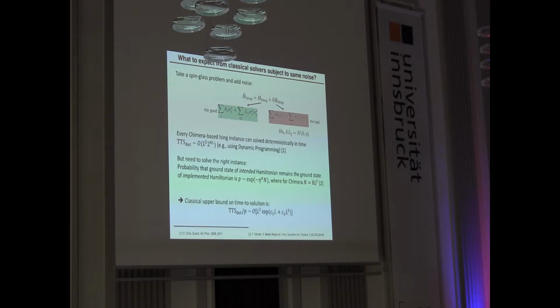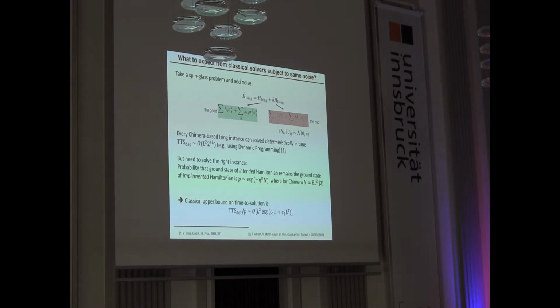But now again, remember the result that I already quoted from this paper: the probability that the given H tilde has a ground state that is the ground state of the desired H without a tilde is exponentially small.